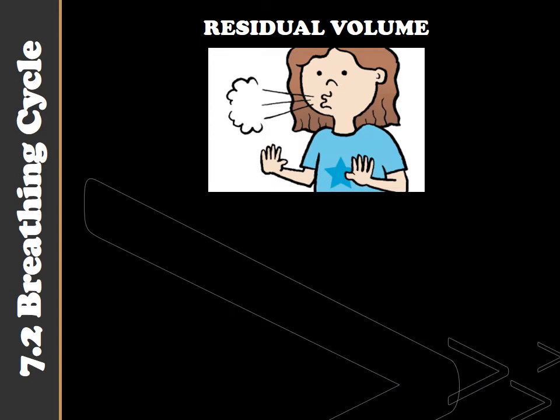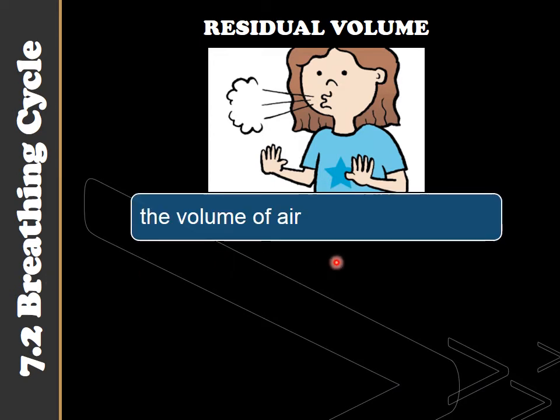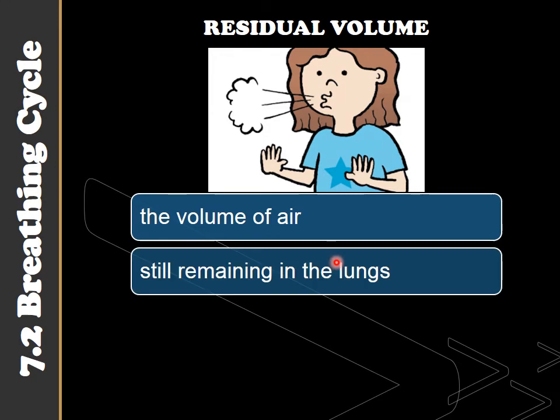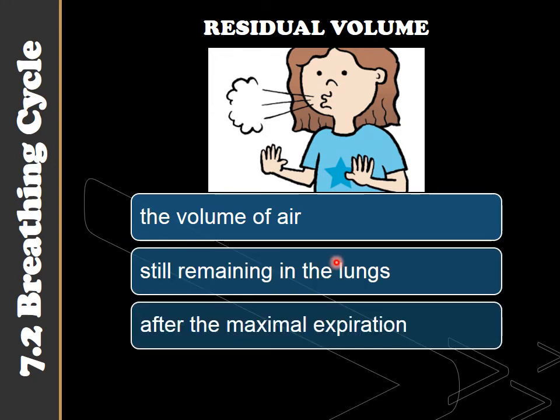Finally, we look at residual volume. Residual volume is the amount of air that remains in your lungs after you have done a maximum expiration. This is not the same as expiratory capacity.